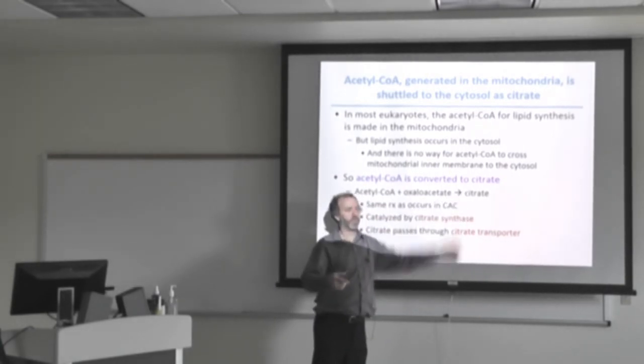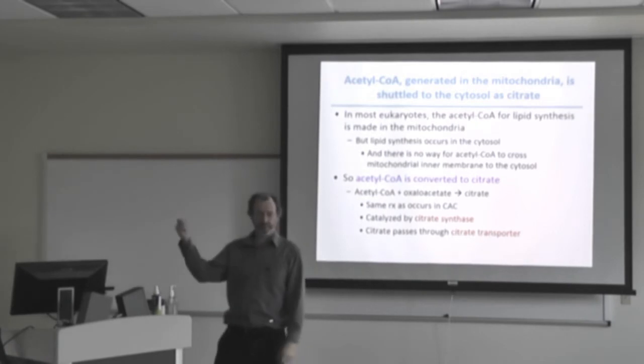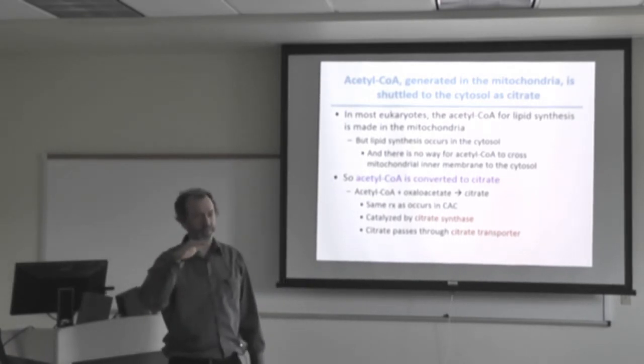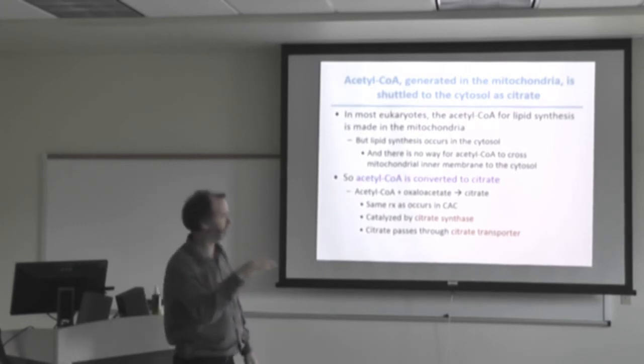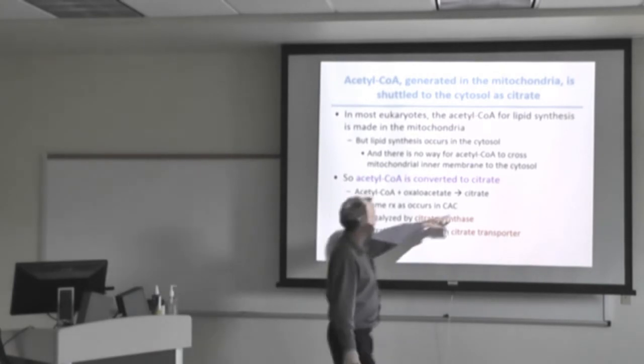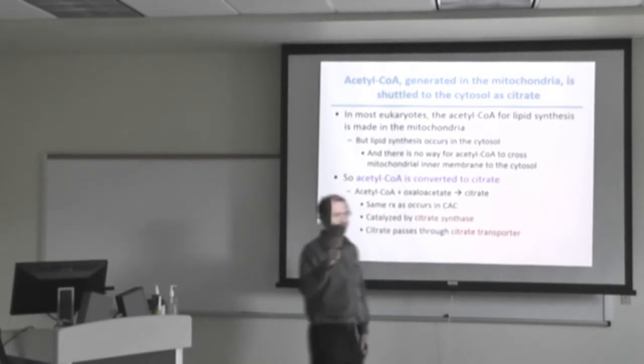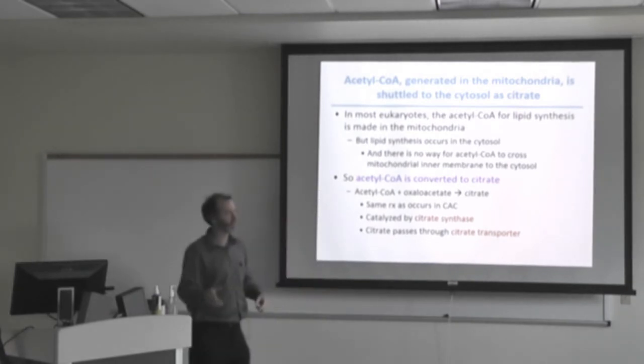Remember, citrate is one of the regulators of glycolysis. Citrate levels are really high. Do you remember what enzyme it acts as an allosteric inhibitor for? Phosphofructokinase 1, the entry step into glycolysis.